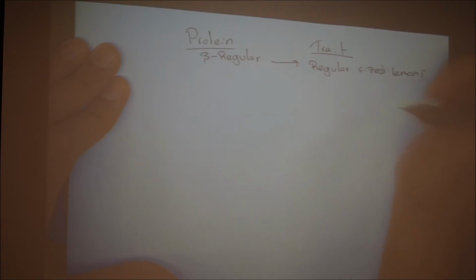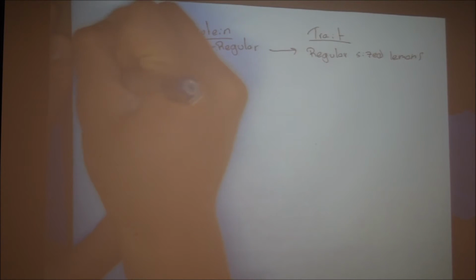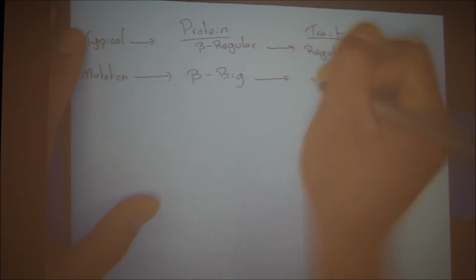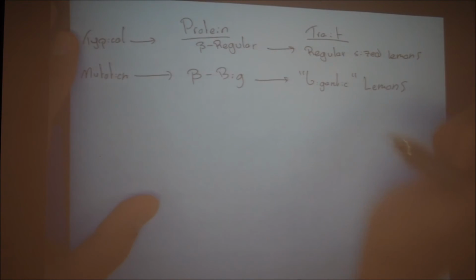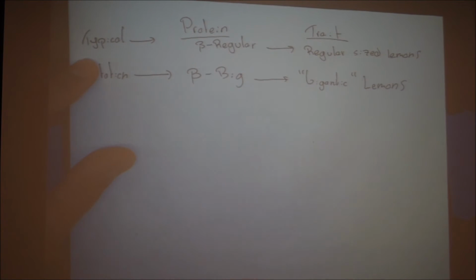Okay, now when you have a mutation, you can have, and this is typical, and this is mutation. Right here you have beta big, right? This is going to give you gigantic lemons.